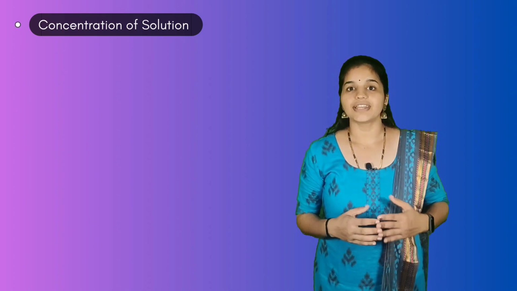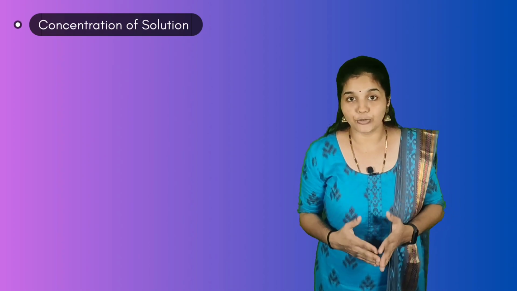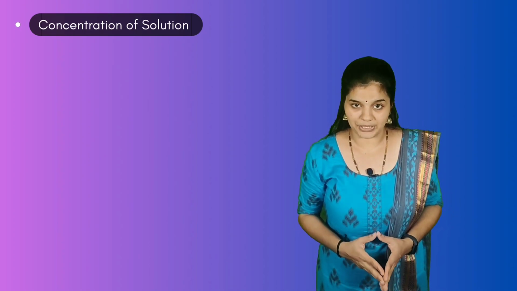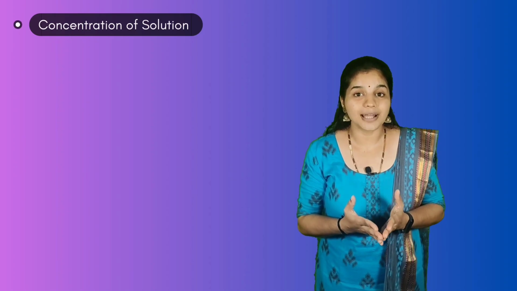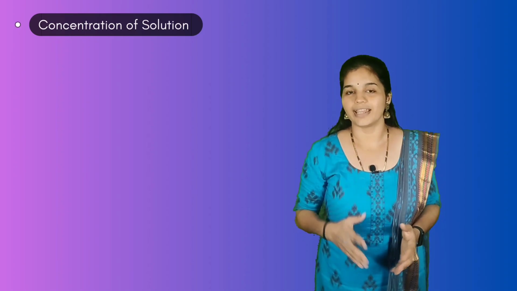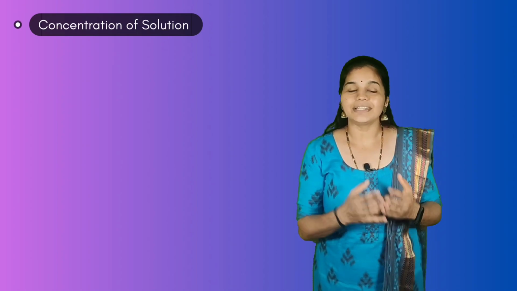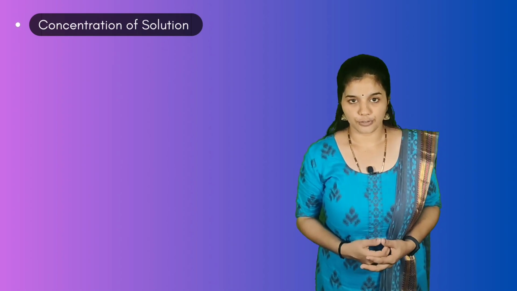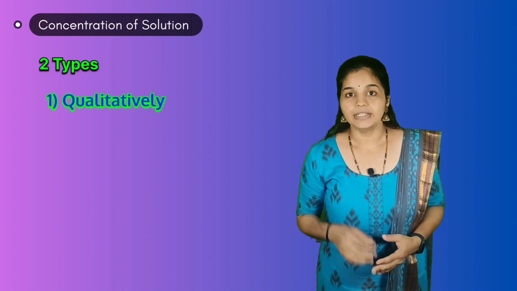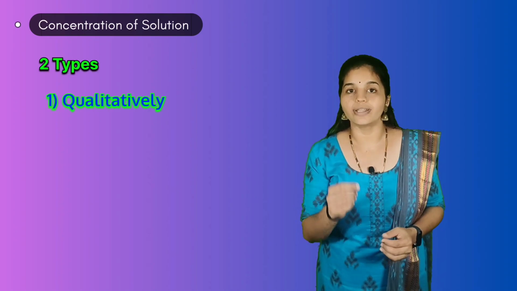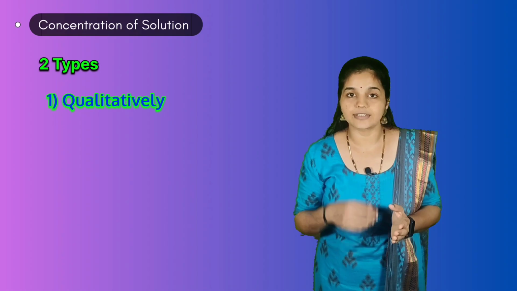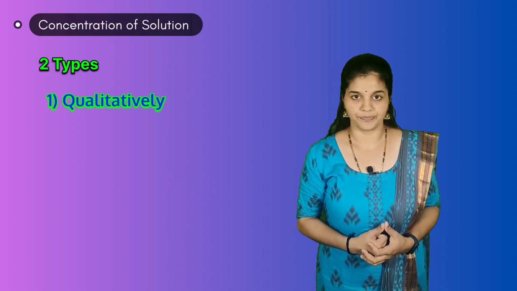For example, if I tell many students secured 90 plus marks in the examination, can you make out what is the number? No, right? You can't tell. You will be confused. Similar thing with respect to the concentration of solutions. Qualitatively, concentration of solution is told in terms of concentrated or dilute solution.